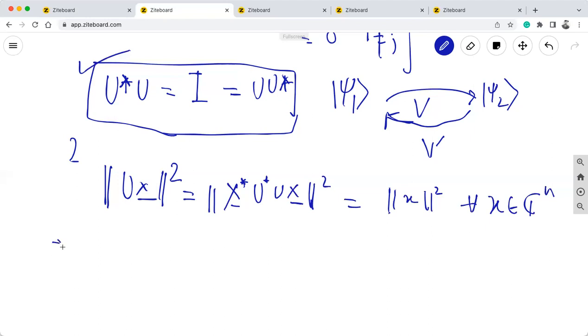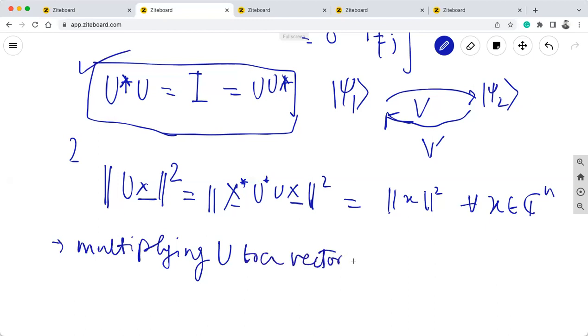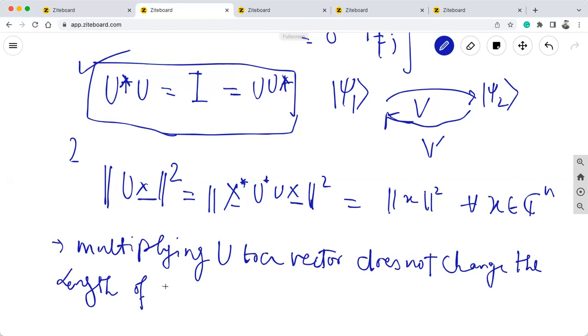So the conclusion is that multiplying a unitary operator U to a vector does not change the length of the vector x.